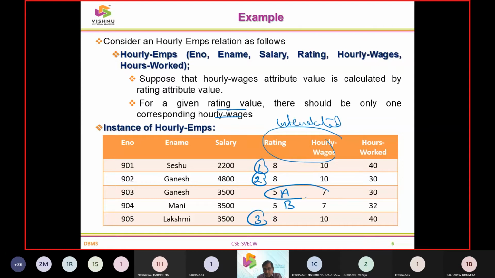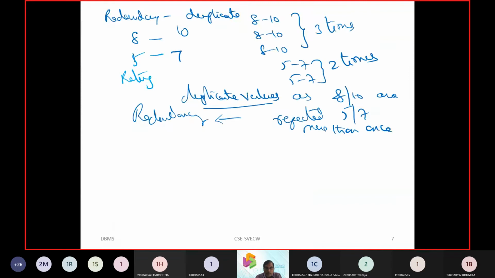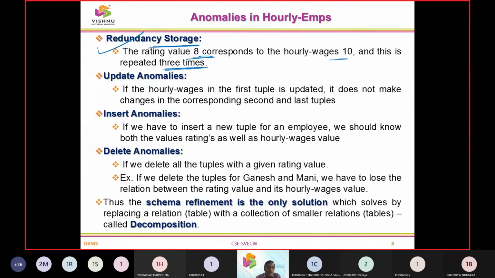The 5 rating is repeated 2 times. More than once it is going to happen. So redundant storage is that the rating of 8 corresponding to 10 is repeated 3 times.